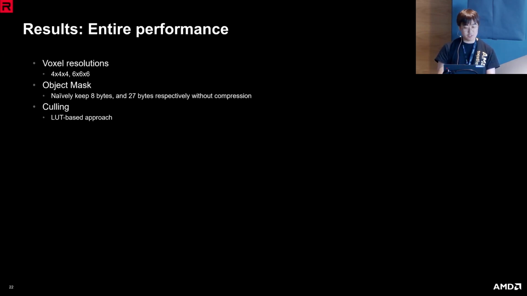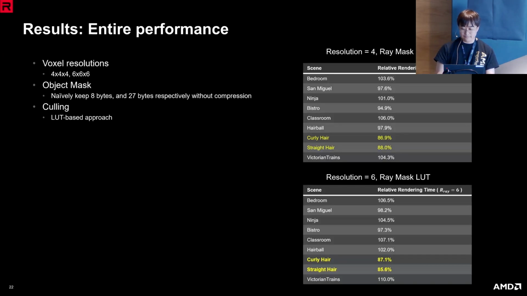And for culling, we use a LUT-based approach. The table here shows relative rendering time. Lower is better. For example, 90% means the rendering time only takes 90% of the time of the baseline.